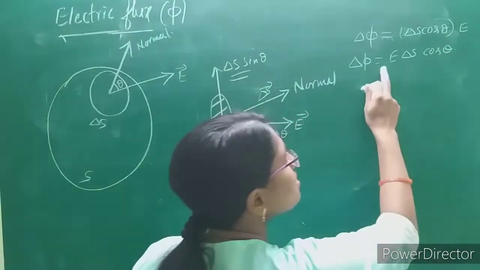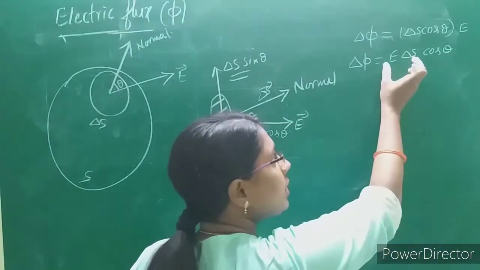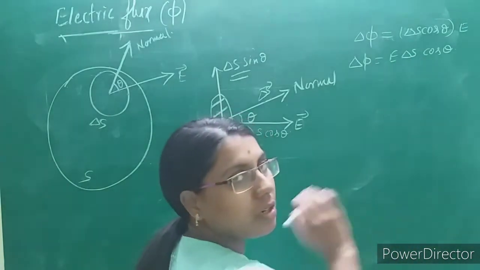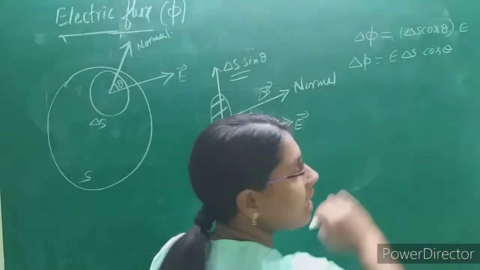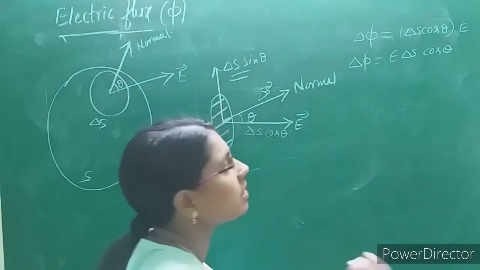Now see, this is in the form of AB cos theta, the product of the magnitudes of two vectors and the cosine of the angle between them. That is nothing but the scalar product or dot product, right?